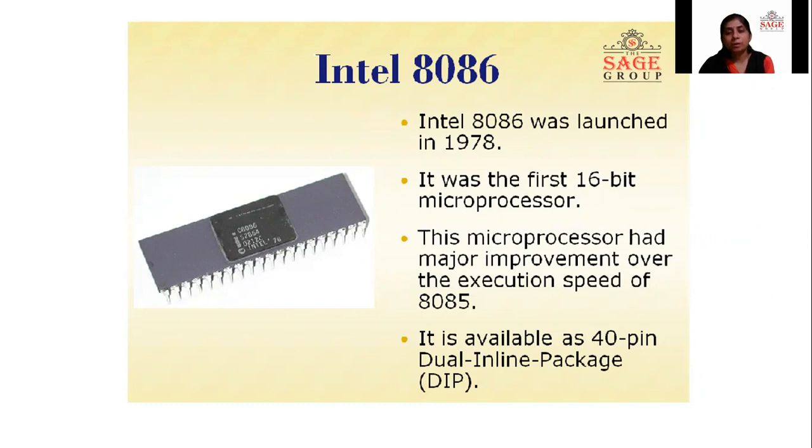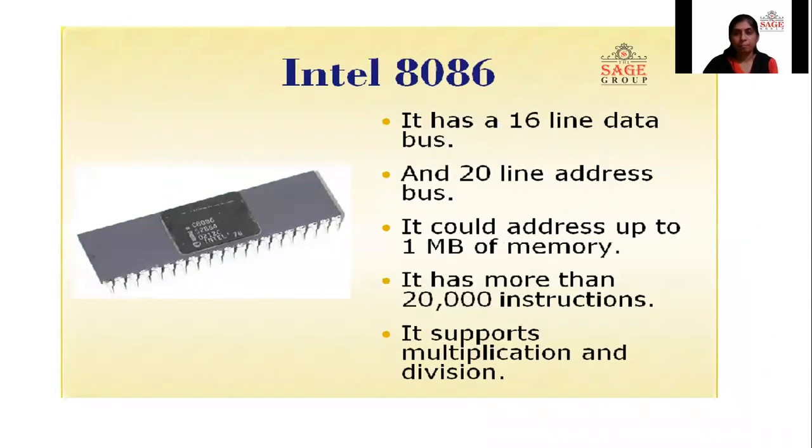It is a 16-bit microprocessor, and its biggest advantage is speed over the 8085, which is an 8-bit microprocessor. It is available in a 40-pin dual-in-line package, with a 16-bit data bus, 20-bit address bus, and 1 MB of memory. It has more than 20,000 instructions, and it supports multiplication and division.